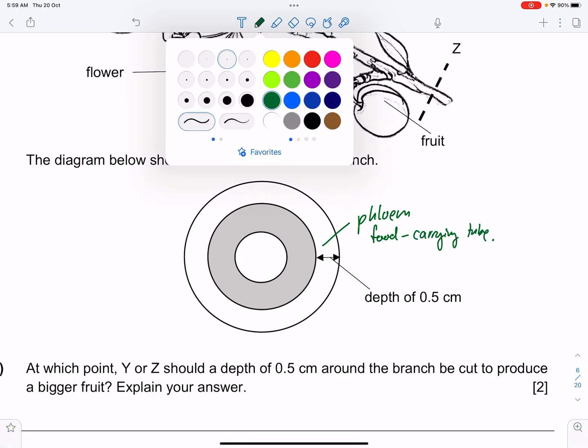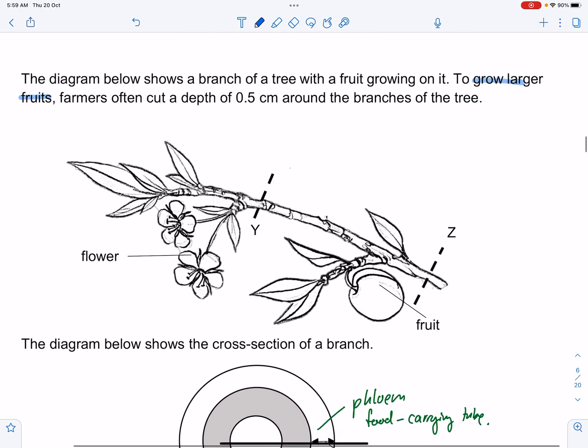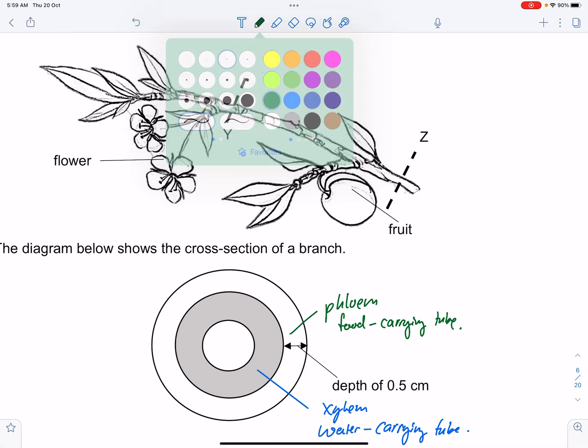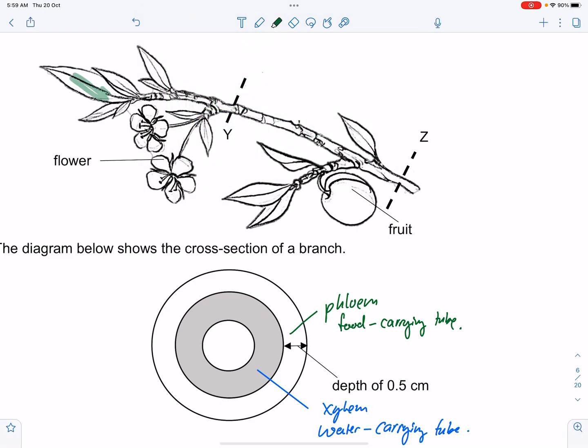And the one that is inner would be your xylem, which is your water carrying tube. Alright, so in this case, let's think about it. Where are the leaves? The first thing we need to do is to highlight the leaves. So the leaves are over here, right?